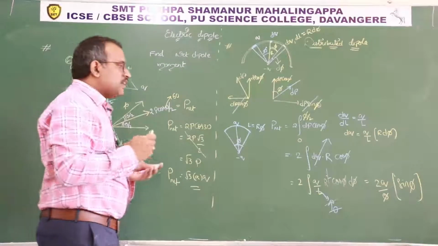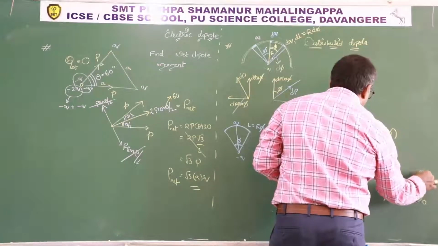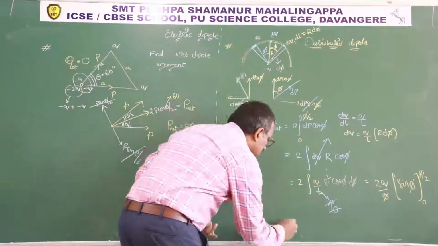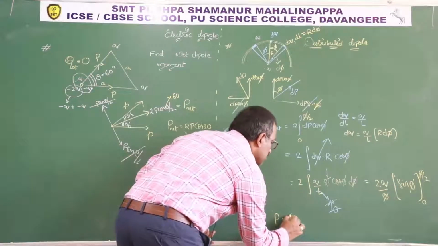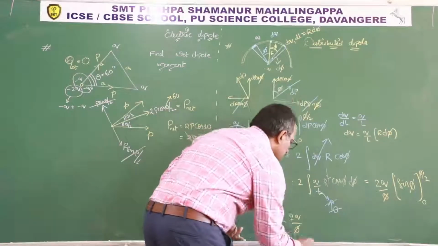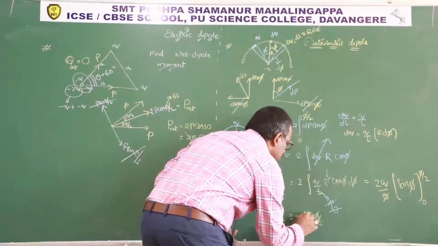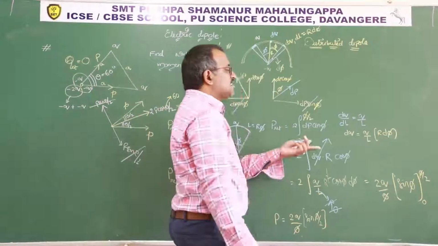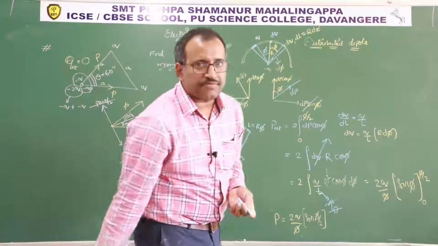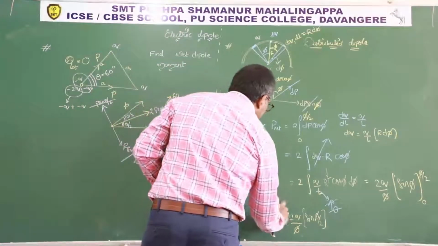Clear? Now the limits. Limits will be 0 to phi by 2. Hence, the final answer will be P is equal to 2q by phi into sin phi by 2. Make sure, of course, minus sin 0, upper limit minus lower limit, sin 0 is 0. That's all. Yes, this is the answer.